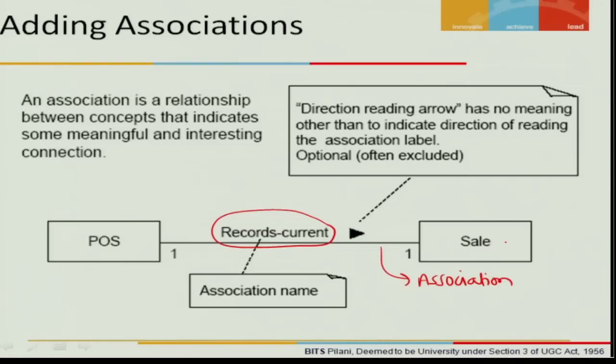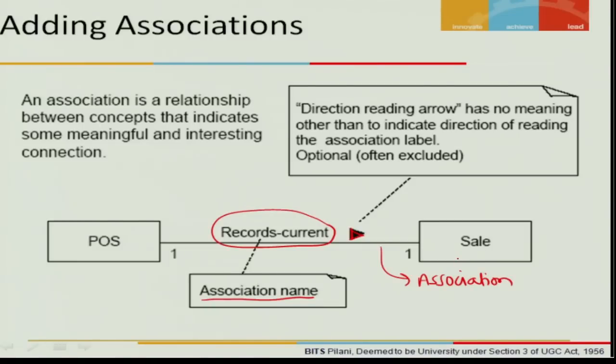That association should have a meaningful name, called a relationship, or it is also called an association name. So in this case we are saying records current, and we are putting a reading direction also, left to right. So it should be read: POS records current sale.